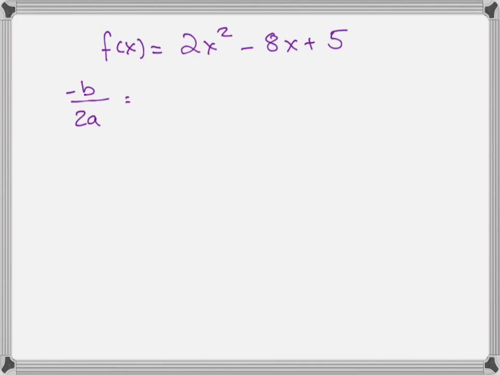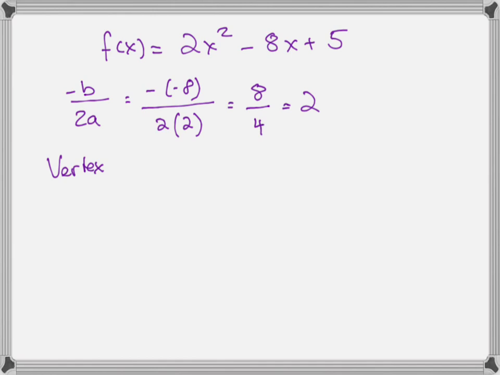What is b in this case? B is negative 8, and there's a negative with the formula, so be careful about the signs. Divided by 2 times a is 2, so this becomes 8 over 4, which is 2. So the x or h value of your vertex is 2.